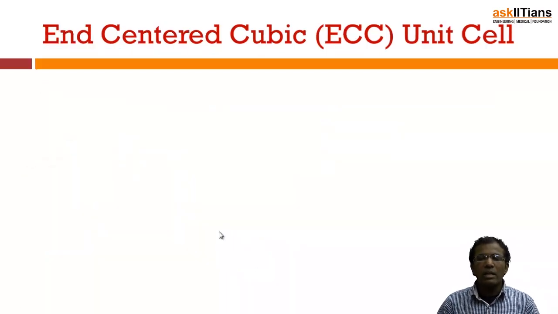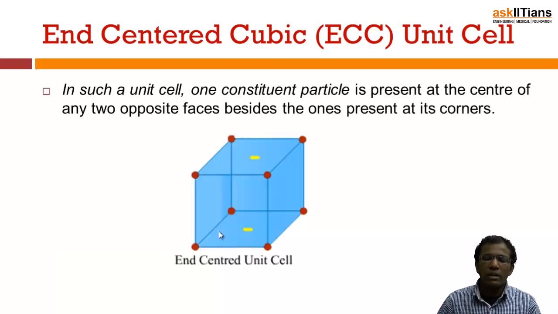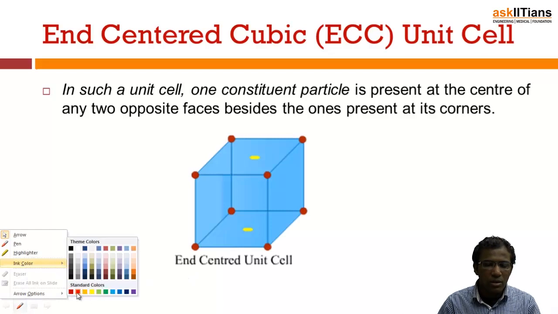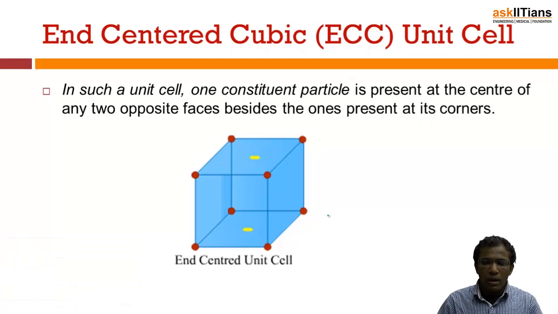So next is the end-centered unit cell. The end-centered cubic unit cell is simple. It has particles at the corners, but it also has particles present at the center of any two opposite faces. So if a particle is present here, then one more particle is present at exactly the opposite face.